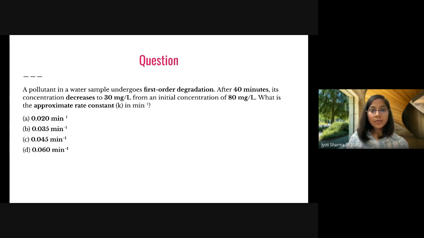Here, this is first order degradation of a pollutant in your water sample. After 40 minutes, the concentration decreased to 30 mg per liter from the initial concentration. So your C naught was 80 mg per liter, and C after time T is 30 mg per liter.